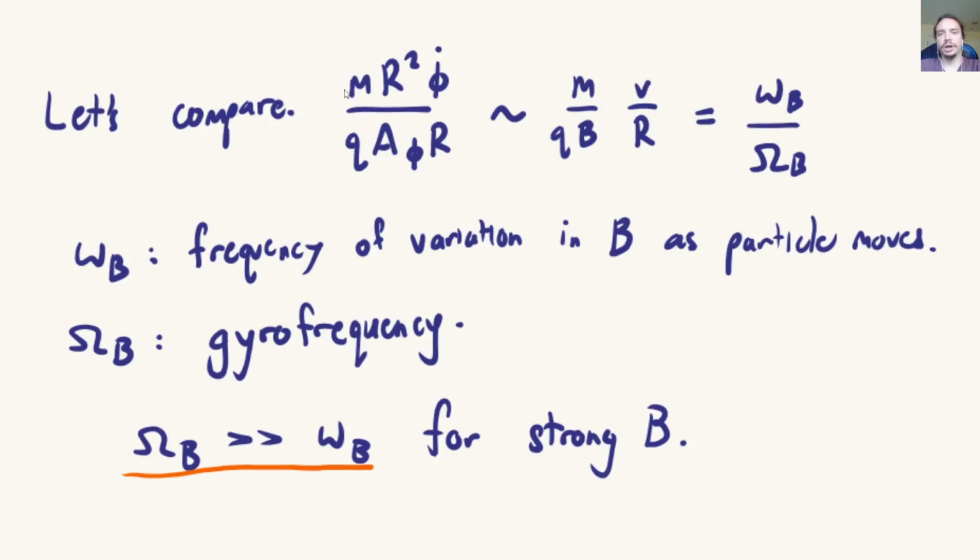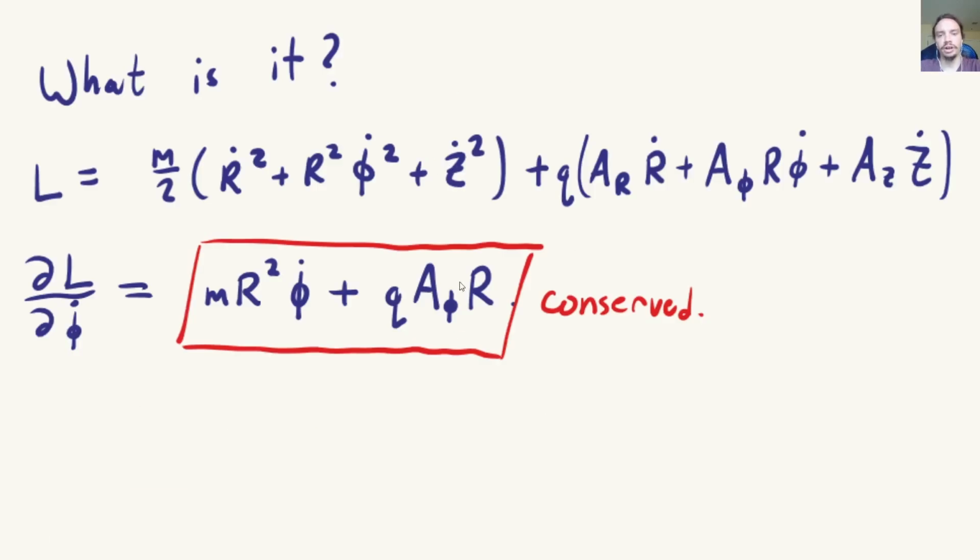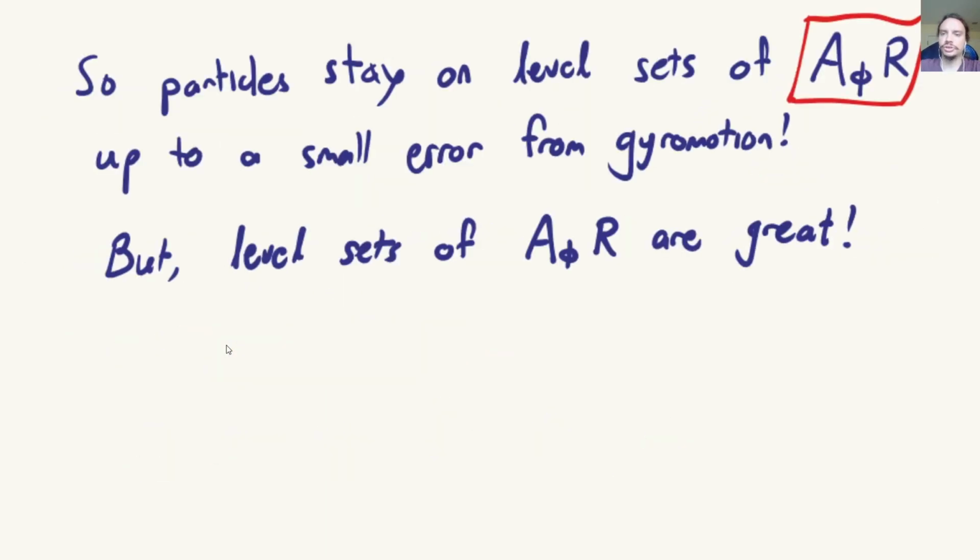Which means that at the start, our m r squared φ̇ term was much smaller than our q A_φ r term in our conserved quantity. Okay, so I'm not going to ignore m r squared φ̇, but what I'm going to say is that it contributes an error. Let's see what that error is. The particles are going to stay contained to the constant surfaces, the level sets, of A_φ times r.